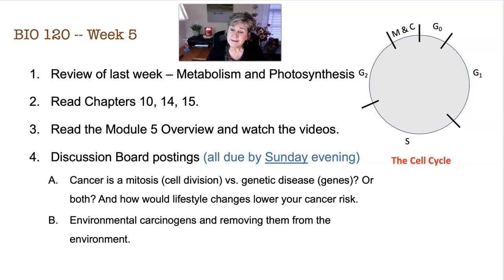Okay, there's one thing that I skipped over up there, and that is G0. All right, a cell's job is not to reproduce. Cells, of course, do reproduce, but they have jobs. Your heart muscle cells have a particular job. Your brain cells have a particular job. Your skin cells have a different job.